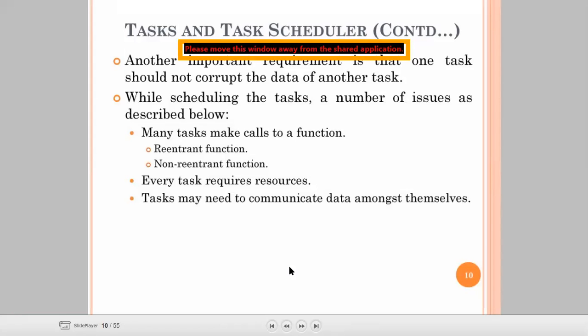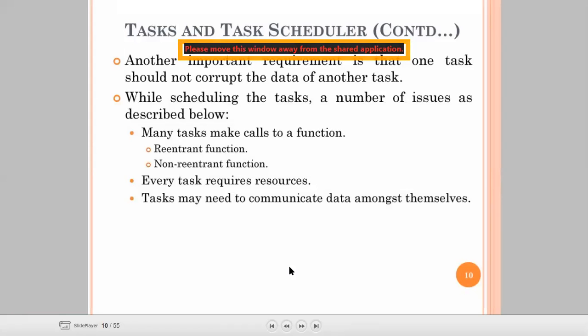Many tasks make calls to a function, and there are two types of functions: re-entrant functions and non-re-entrant functions. A re-entrant function may allow use by multiple tasks, but a non-re-entrant function may not allow it. That is the problem.